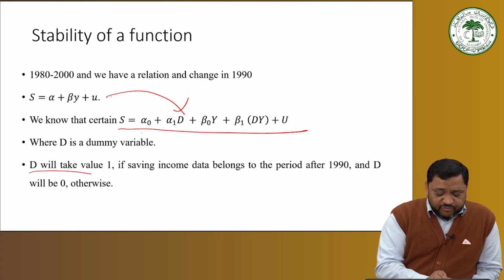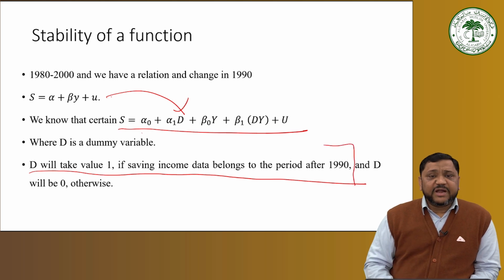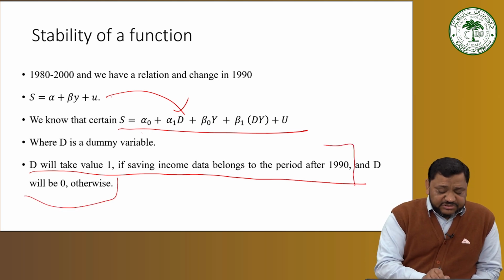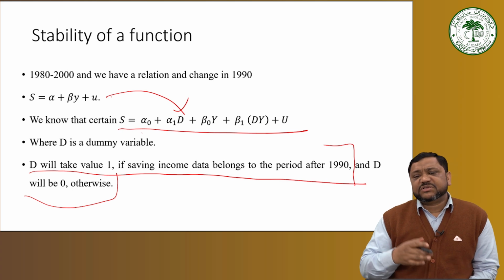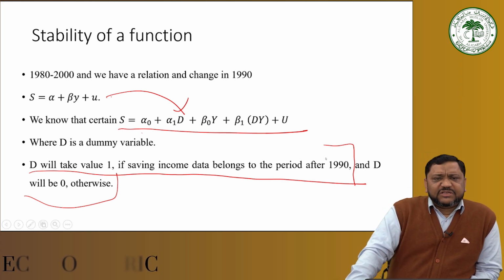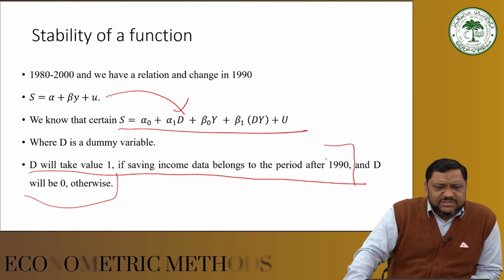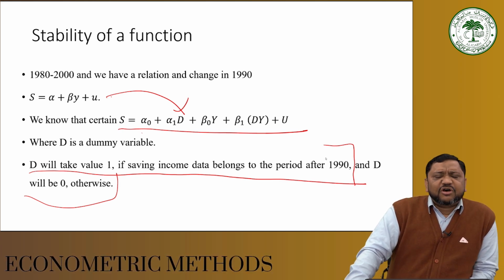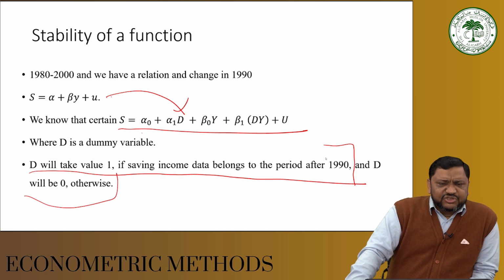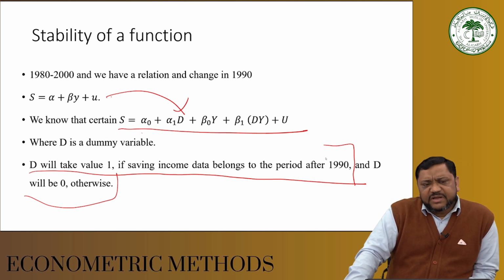Here d will take 1 if the saving data belongs to the period before 1990, and d will be 0 otherwise, that means it is the period after 1990. So this is how you check for the stability of the function, and whether your alpha is significant or your beta is significant. You take a decision on whether your alpha has changed or your beta has changed, or if both your alpha and your beta have changed.